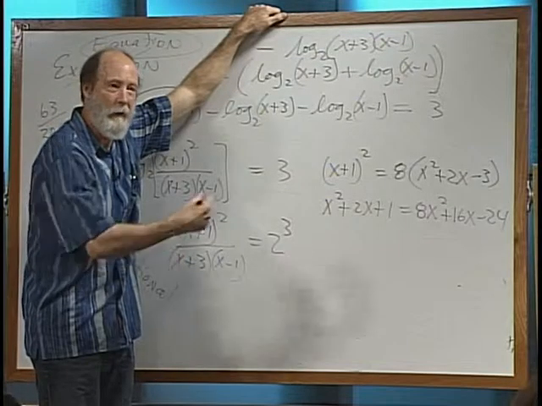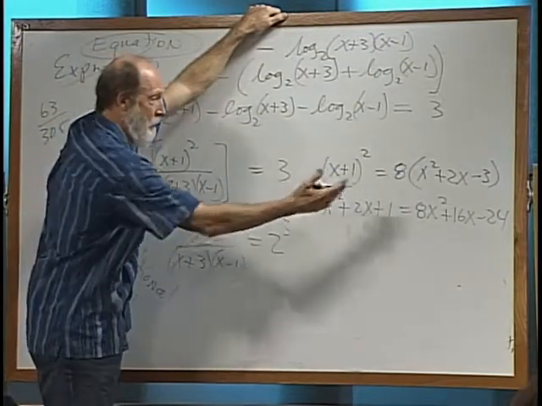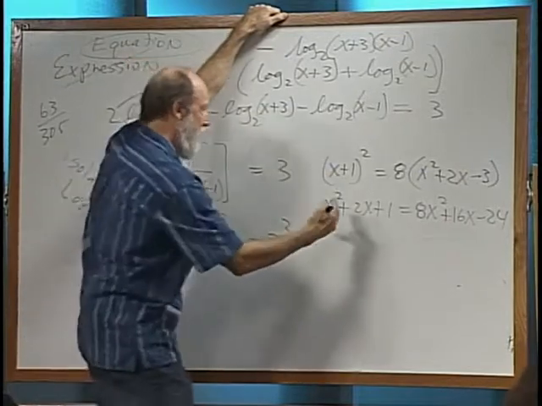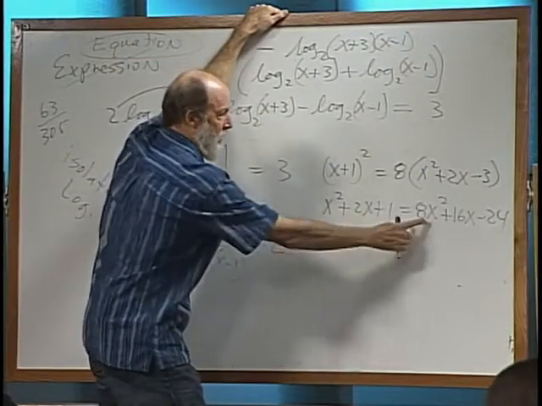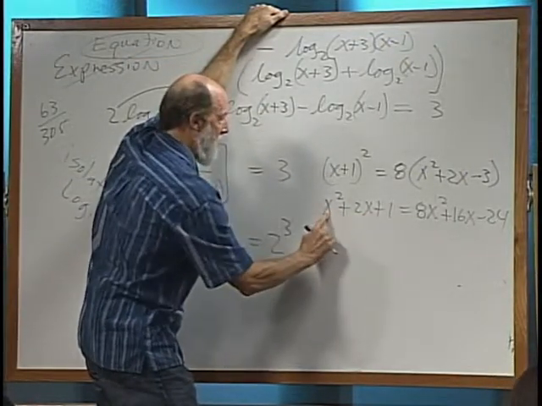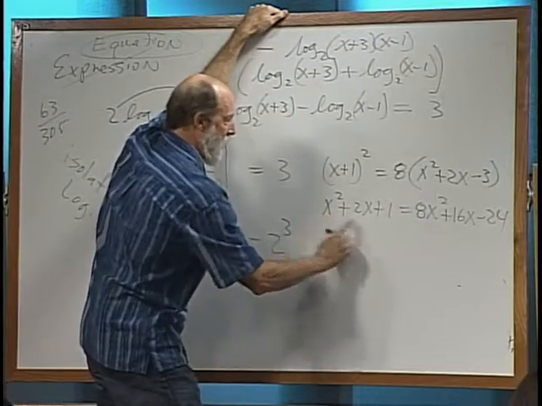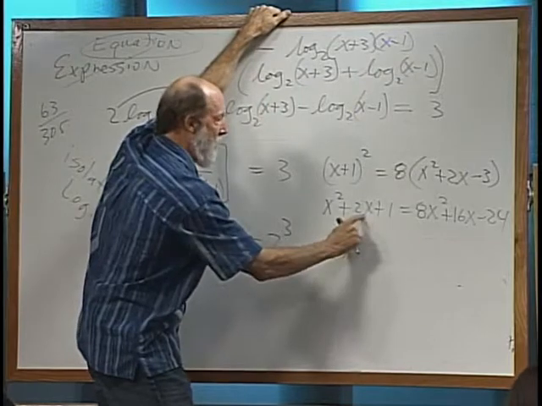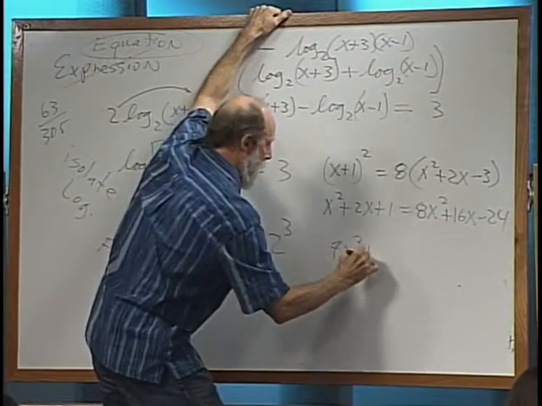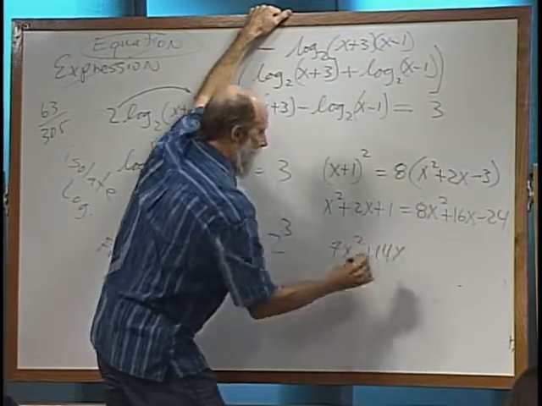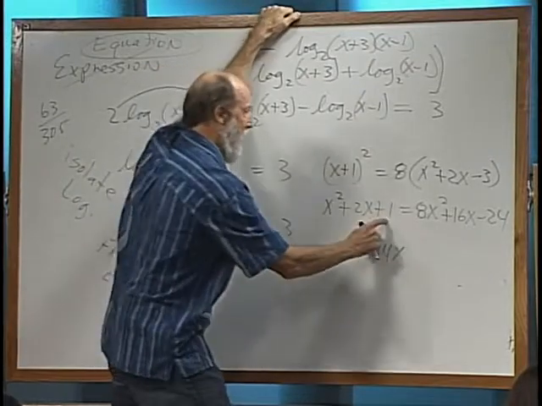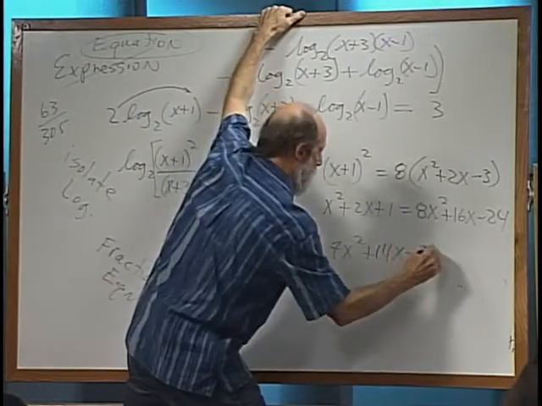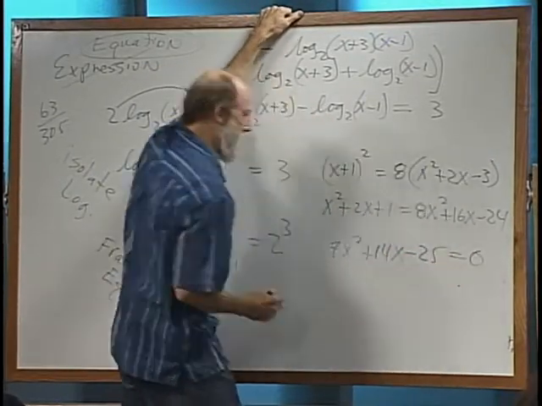We now move everything over to one side because we see this as a quadratic equation. I always try to keep my leading term positive, so I would imagine x squared being subtracted from both sides. So I get 7x squared, bring the 2x over and get 14x. Check my math, make sure I don't screw it up. And then I subtract 1 from both sides, minus 25. That equals 0.